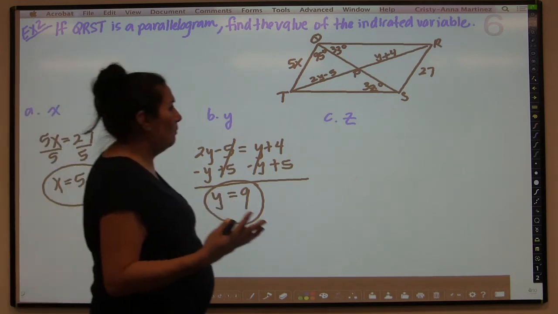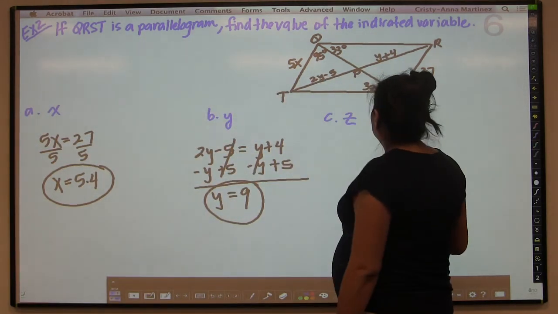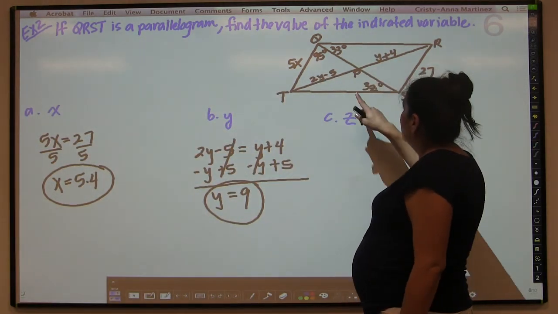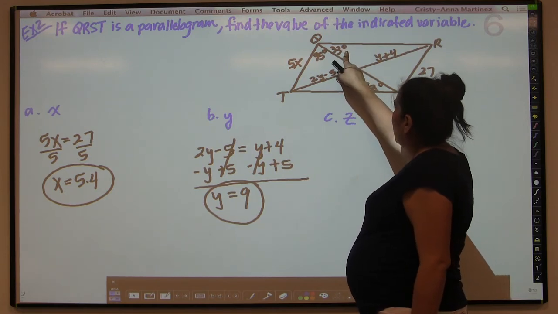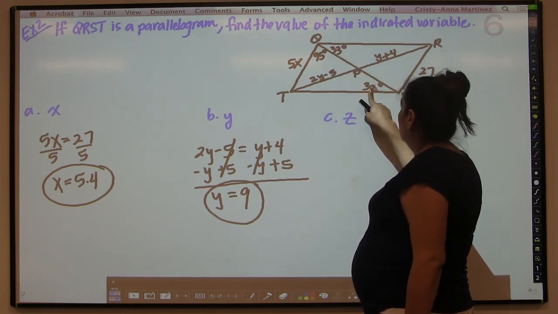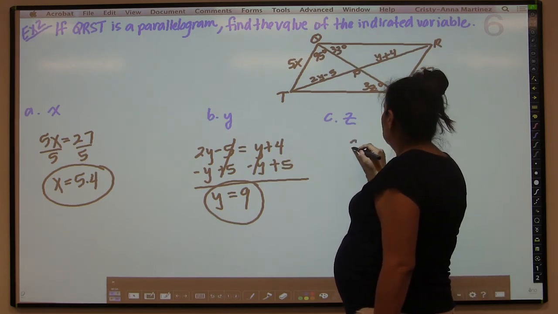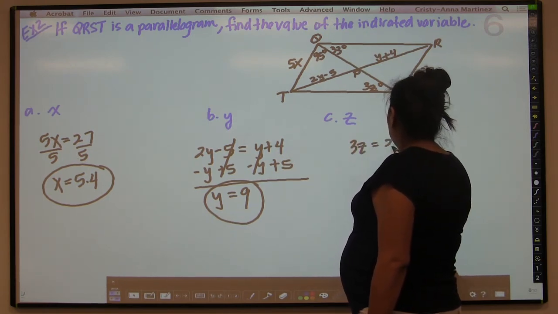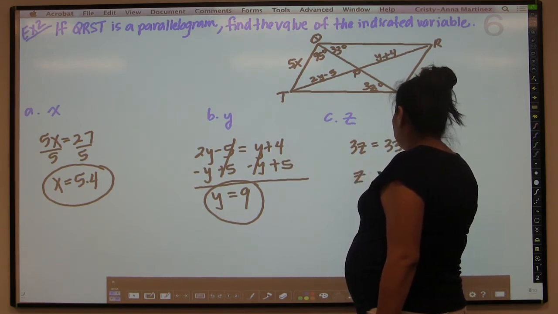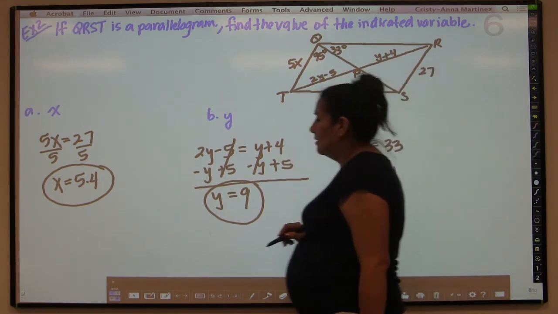So you can do this a couple of ways. One option is to recognize that the 33-degree angle and the 3z degree angle are alternate interior angles. So 3z should equal 33, which means that z equals 11.